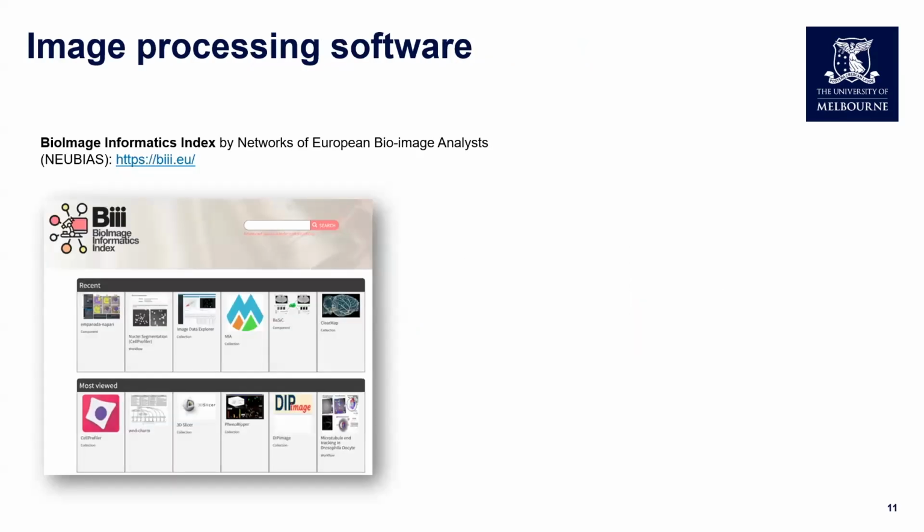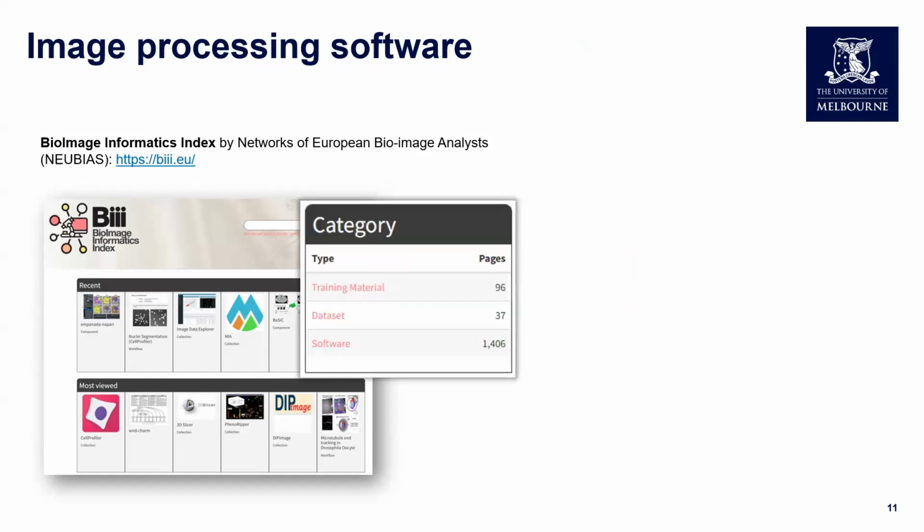In terms of tools and software, there are many processing software packages available. If you look here, there are over 1,400 tools curated on the Bioimage Informatics Index at BIII.eu, which is developed by the Network of European Bioimage Analysts.